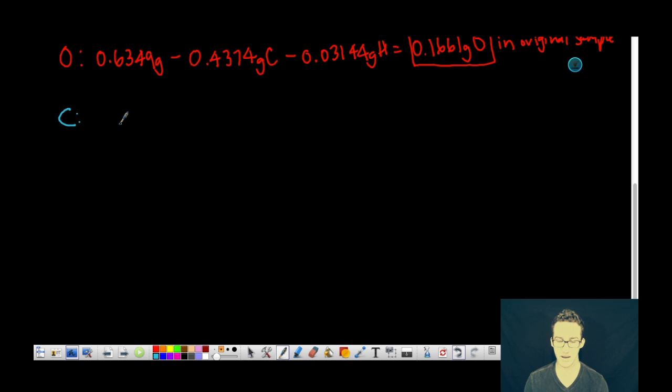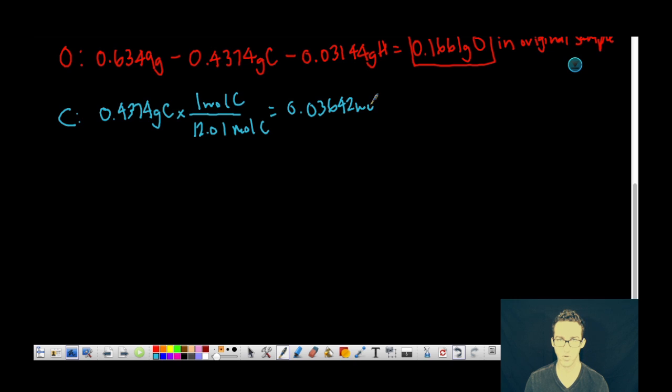We determined that our carbon sample had 0.4374 grams of carbon in the original sample. We're going to do a quick conversion to moles by using the molar mass found on the periodic table, which means that we've got 0.03642 moles of carbon.